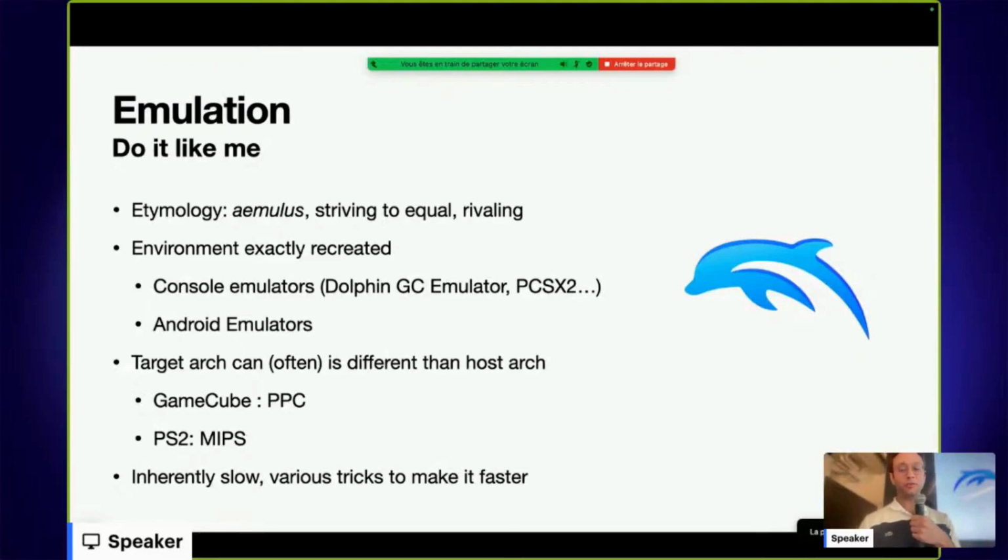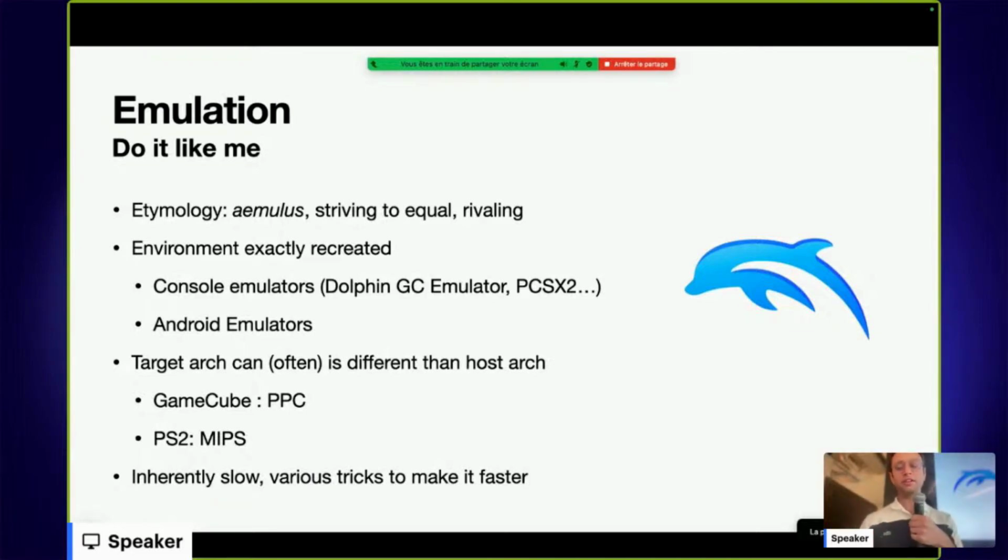With emulators, the target architecture, which we also call the guest, may be different from the host. If I'm running the Dolphin emulator, I'm trying to emulate a GameCube, whose CPU is PowerPC. However, if I'm running on my Mac with an Apple Silicon chip, it's ARM64.